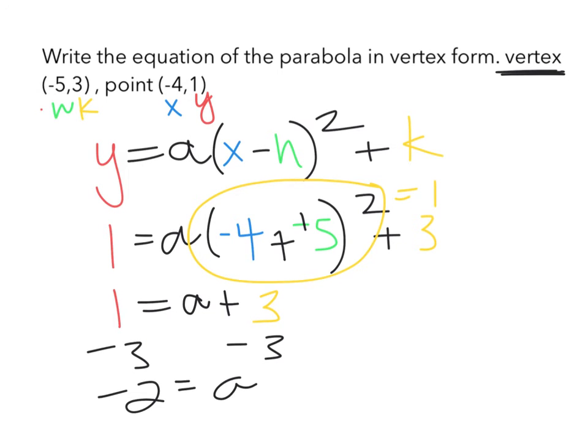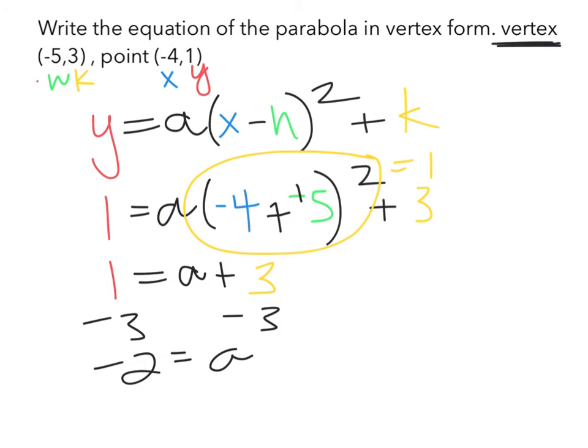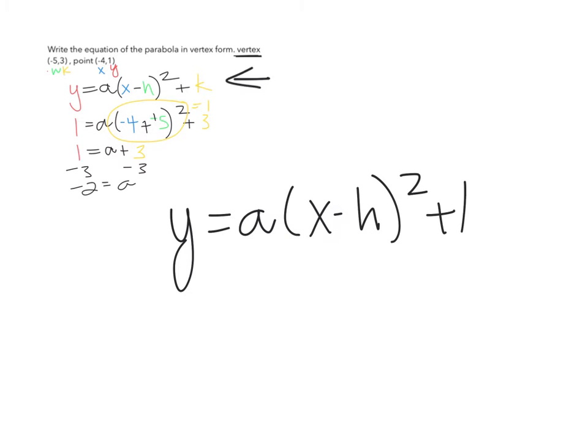Well, that's all well and good, but I'm still not done with this problem. To finish it up, I actually need to go back into this original equation. So Y equals A times X minus H squared plus K. I only replace 3 things.